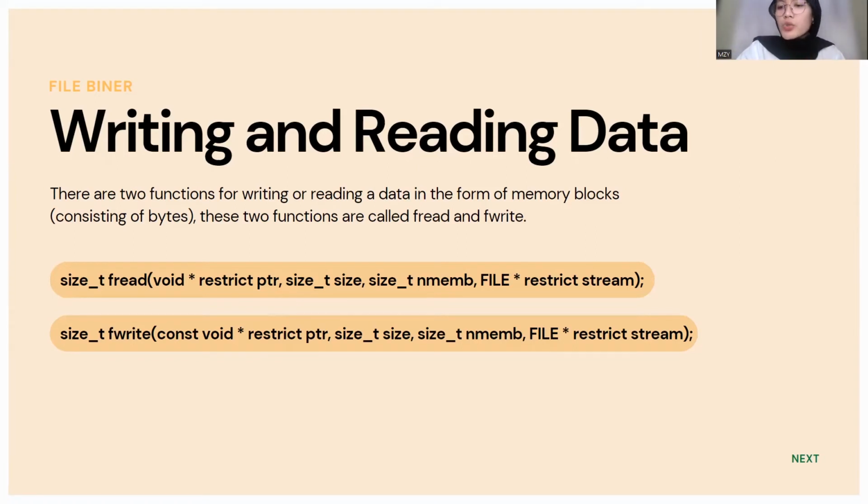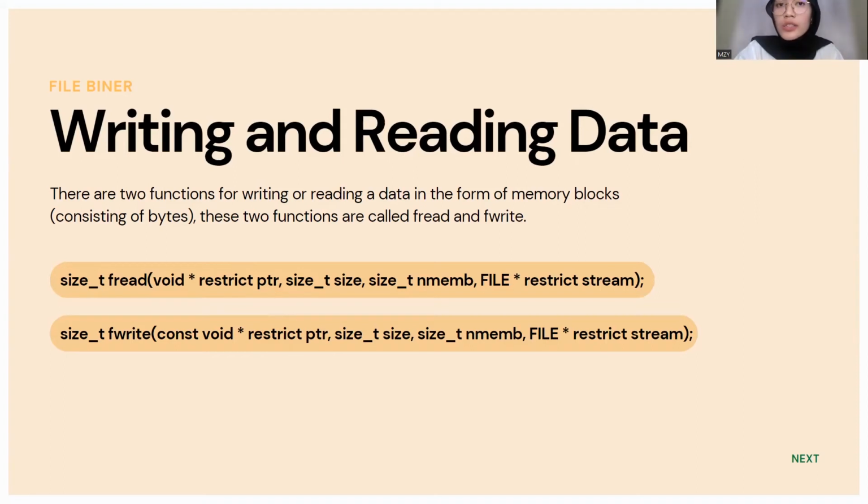To be able to write or read data for more than one block based on the value of NMEMB, an array must be used as a temporary storage, placed as an input to the PTR argument.